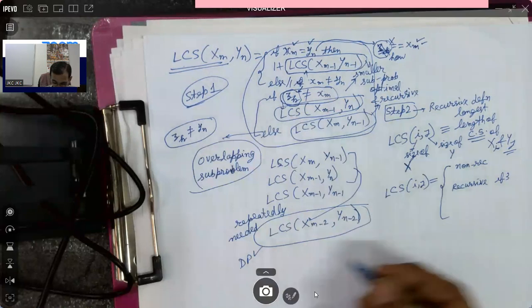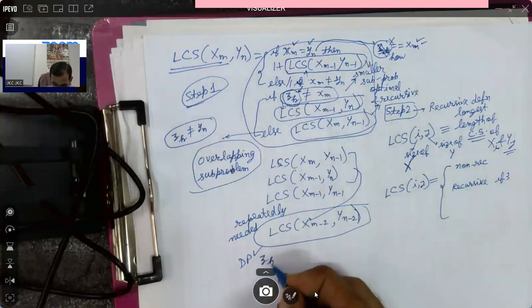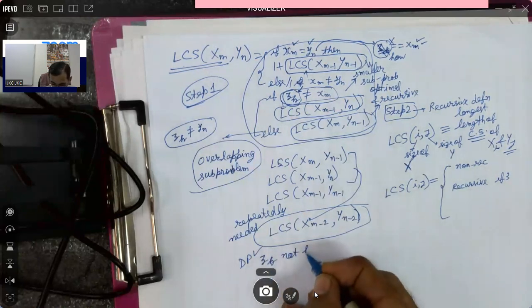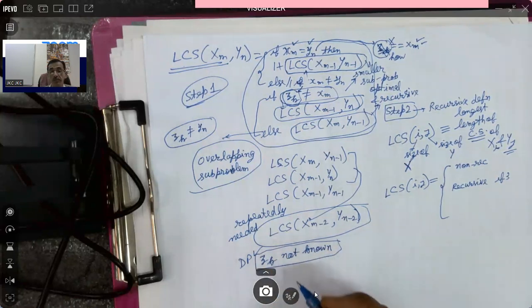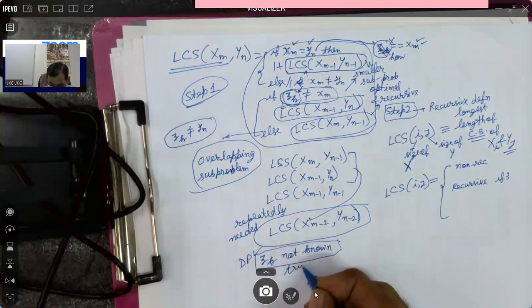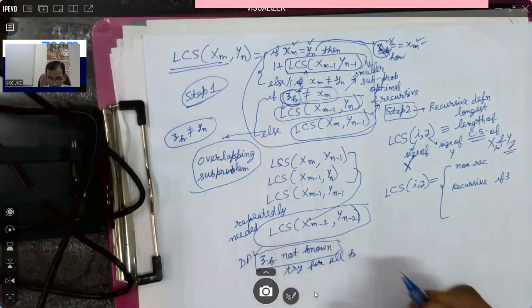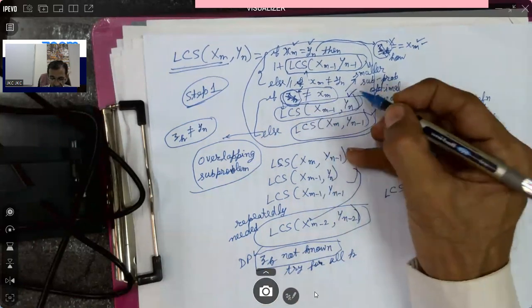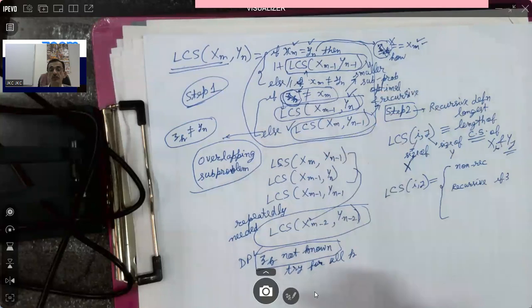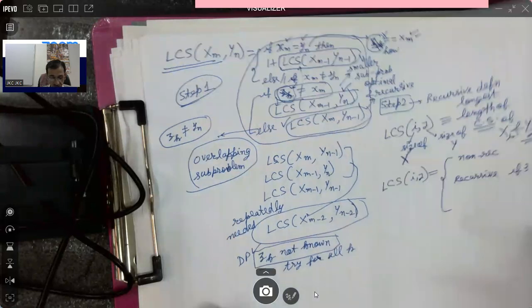But Zk is not known. Then obviously the answer is the way we did in MCM: try for all k. Forget about Zk, think of this one to be used, and this one also, and whichever is lengthier or maximum of the two, I will use.